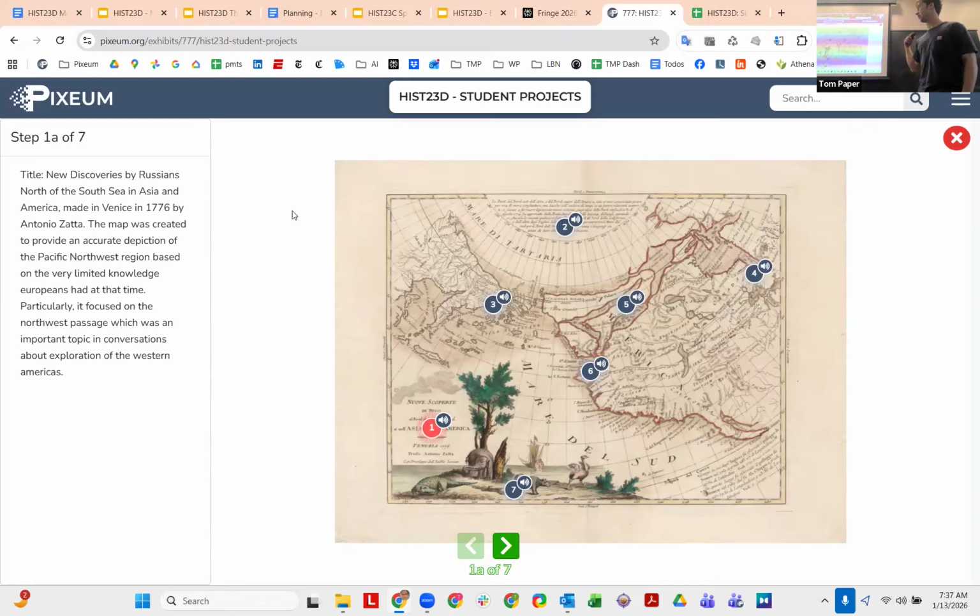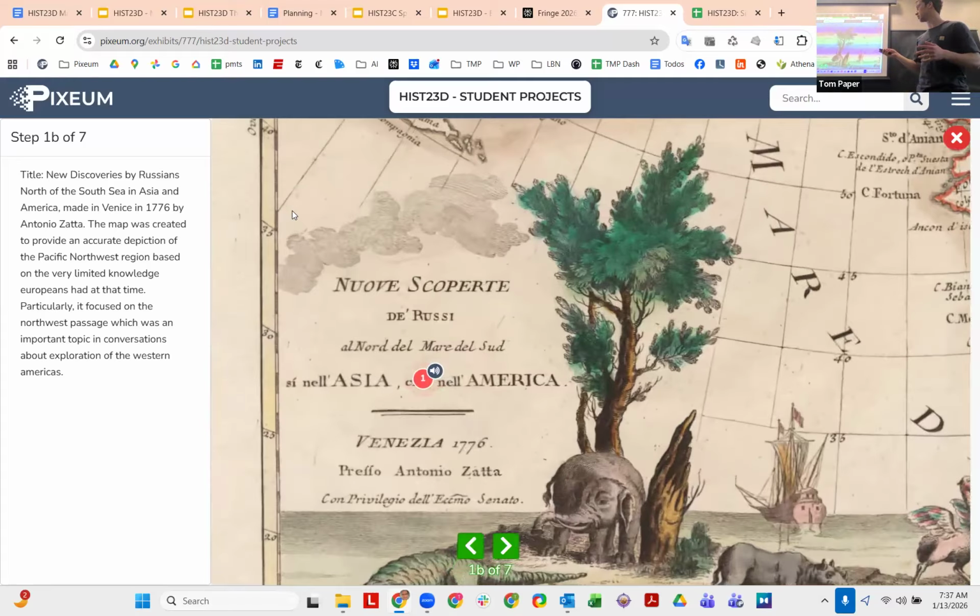What's interesting to me about this map is that it is kind of a collection of all the European knowledge of this region, which was admittedly kind of limited at that time. So it's based off of certain true expeditions, but then also a lot of myths. So first, that's the title.